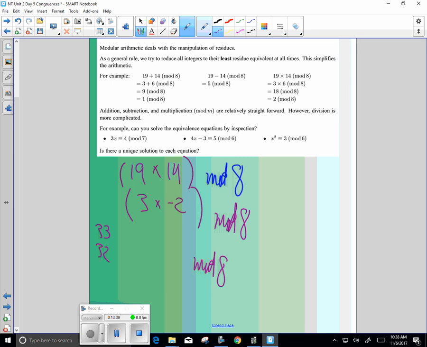So this is going to be negative 6. And what is negative 6 mod 8? The same as 2, add 8. And so this is 2 mod 8. And you can get there a whole bunch of different ways. They reduced this thing to 3 and 6. So that's kind of a good way too, but whatever you want to do.